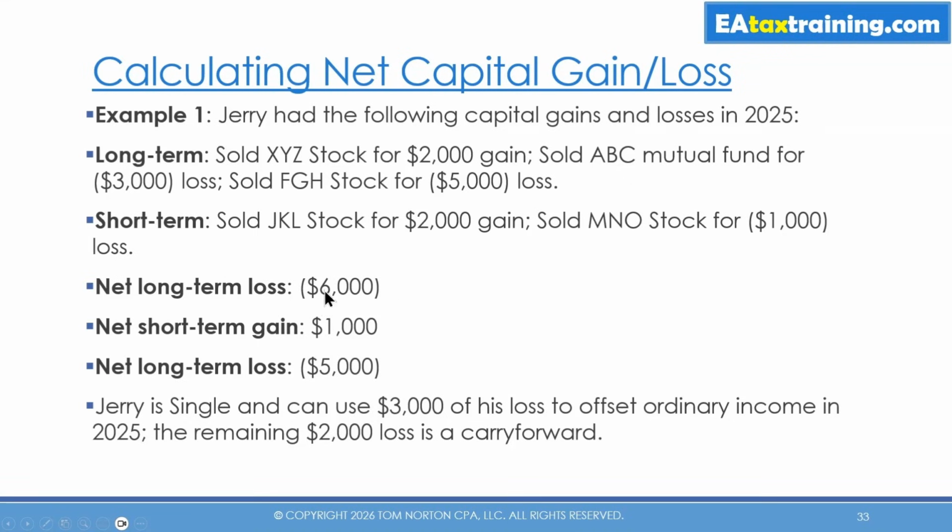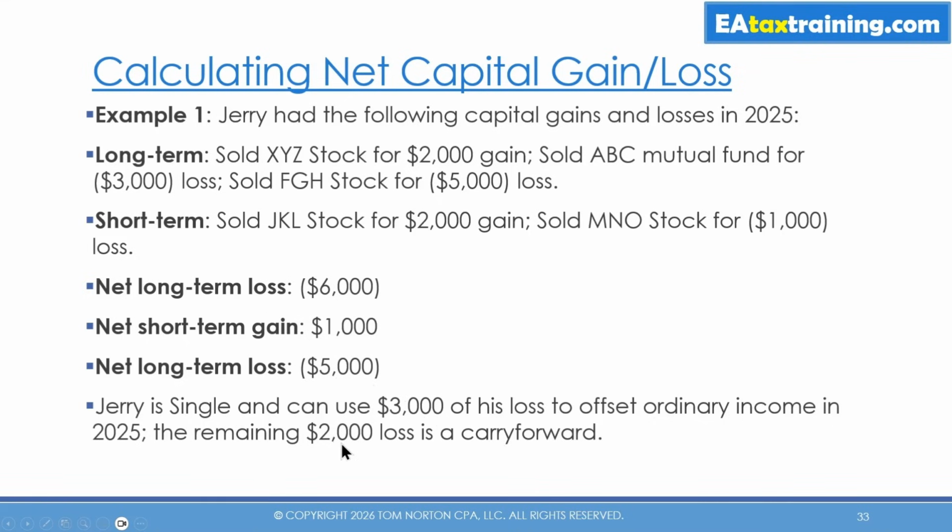Short term, he had a $2,000 gain on one stock and $1,000 loss on the other stock. So you net those two together because they are opposite. His net is a $5,000 loss. So Jerry is single, so he can use $3,000 of that $5,000 loss to offset his ordinary income in 2025.